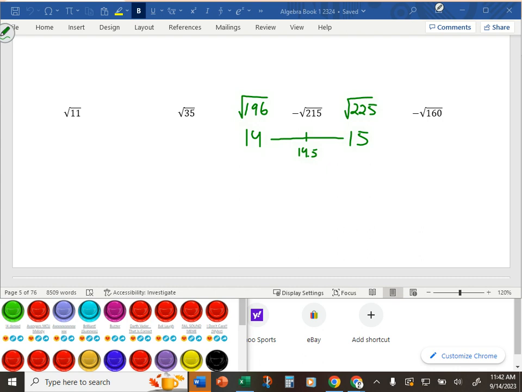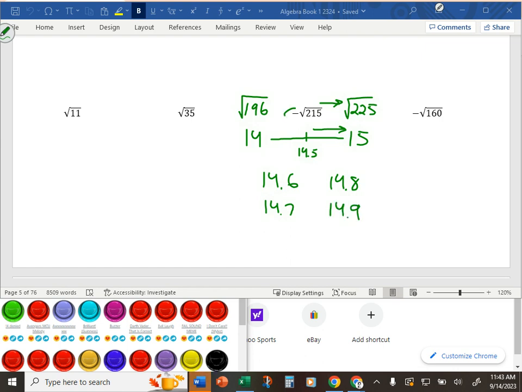Uh, 19. Okay. How far away is 215 from 225? 10. Only 10, right? It is closer to 225 than it is to 196, which means it's going to be closer to 15 than it is to 14. Right? That's how you can tell. That's what those arrows are. So 14.6, 14.7, 14.8, 14.9, all acceptable answers.